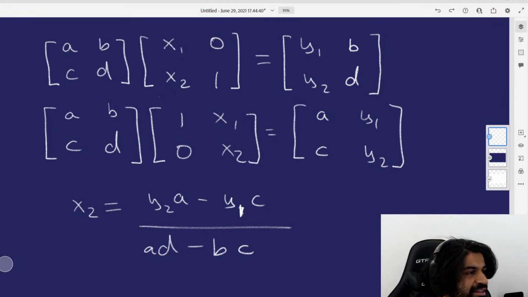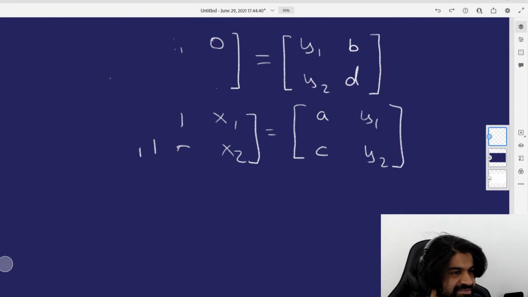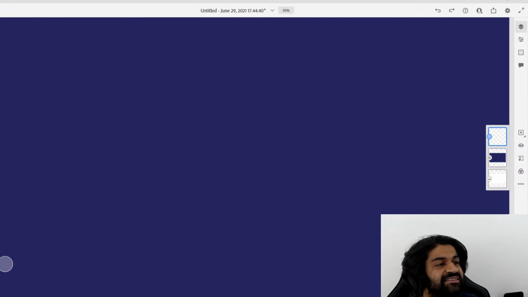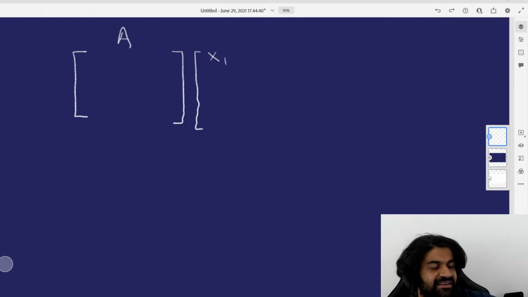Now, in general, the idea is exactly the same. If you have an arbitrary system of equations, so let's say you have a nice big system with the same amount of equations as unknowns, we will collect all the coefficients of the equations in a matrix A. And you're multiplying A by a vector of unknowns, x1 through, let's say, xn.